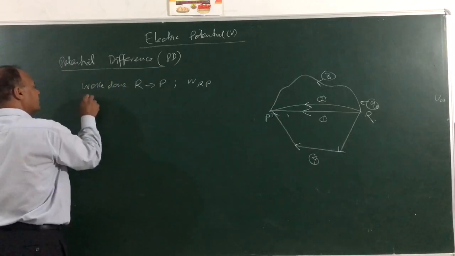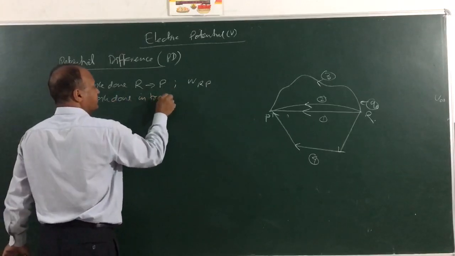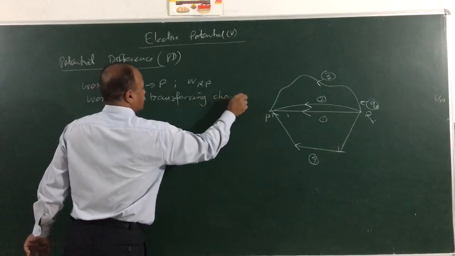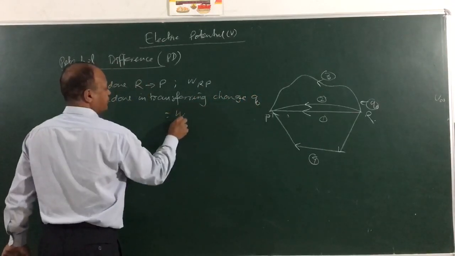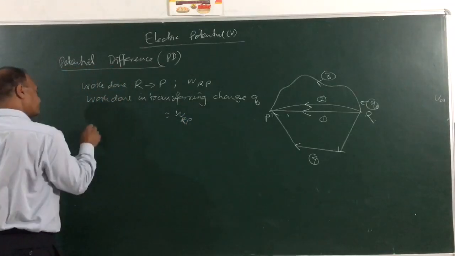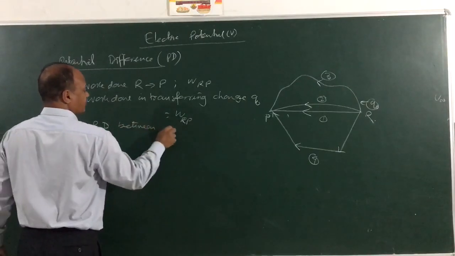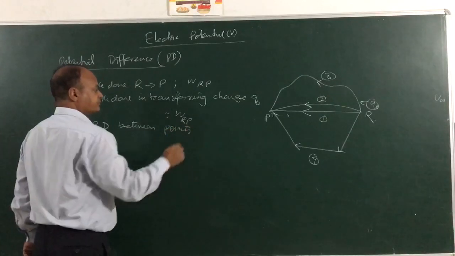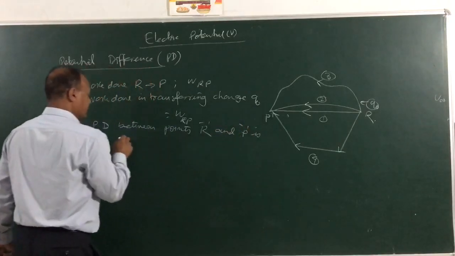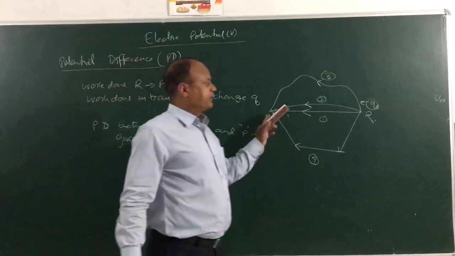So, the work done in transferring charge Q naught from R to P is equal to W_RP. Now, the potential difference between points R and P is given by always final potential minus initial.